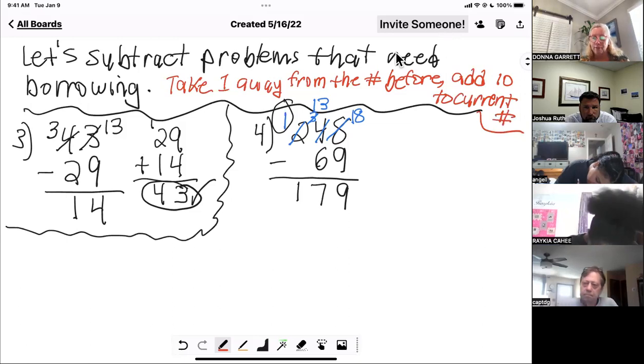So we're taking 1 away from the number before and adding 10 to the current number. That's what you do each time. Take 1 away from the number before, add 10 to the number that you're working on.